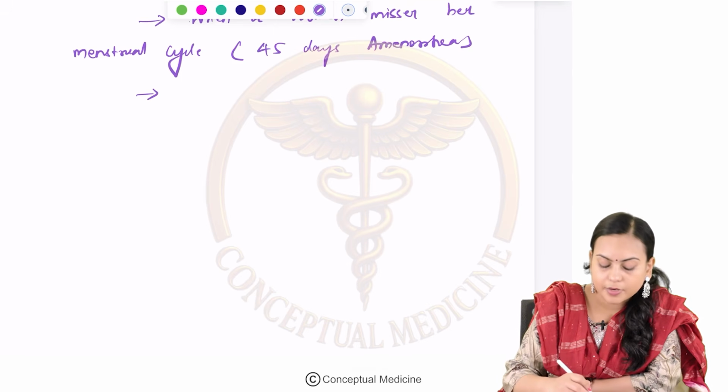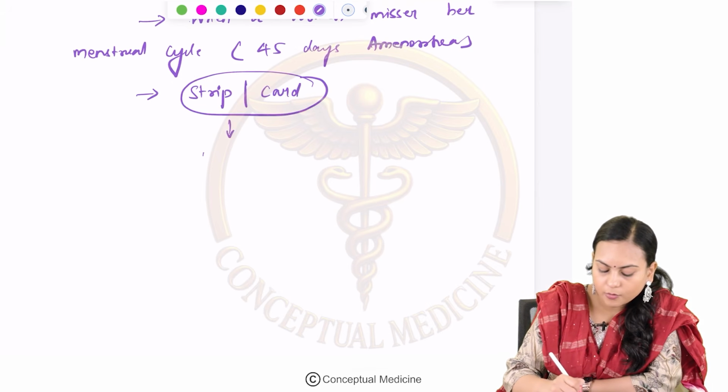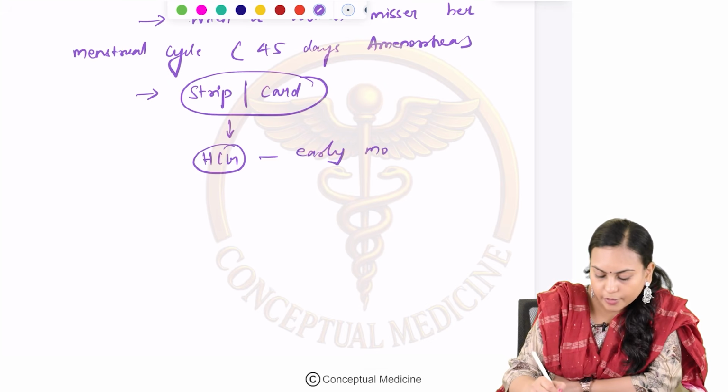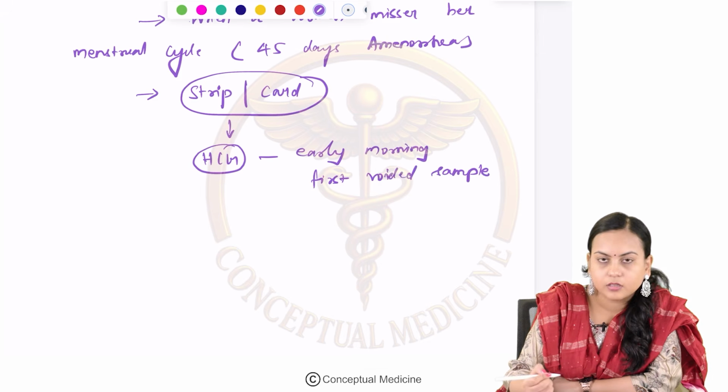And urine pregnancy test can be done either using a urine pregnancy strip or a urine pregnancy card, and the hormone is detected from the early morning first voided sample of urine.